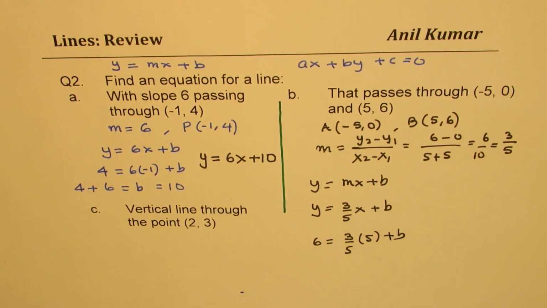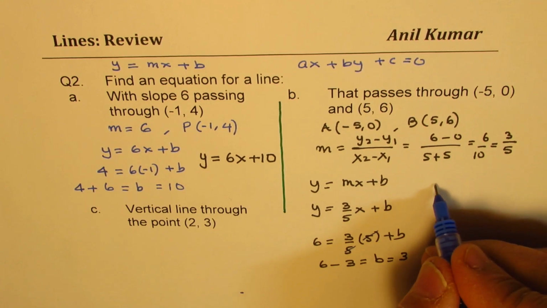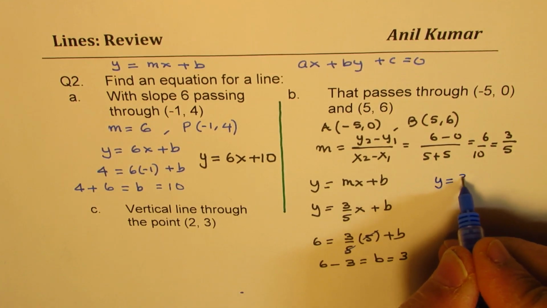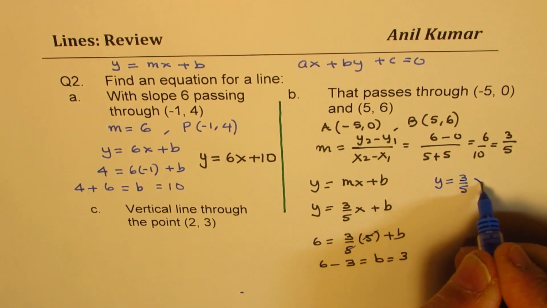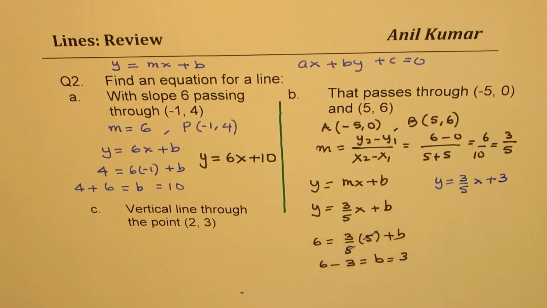So this 5 cancels. So we can take away 3 from 6 to get the value of b, right? So 6 minus 3 equals b. So b is equal to 3. Since now we know that b is 3, we can write down the equation as y equals 3 over 5 x plus 3, right?